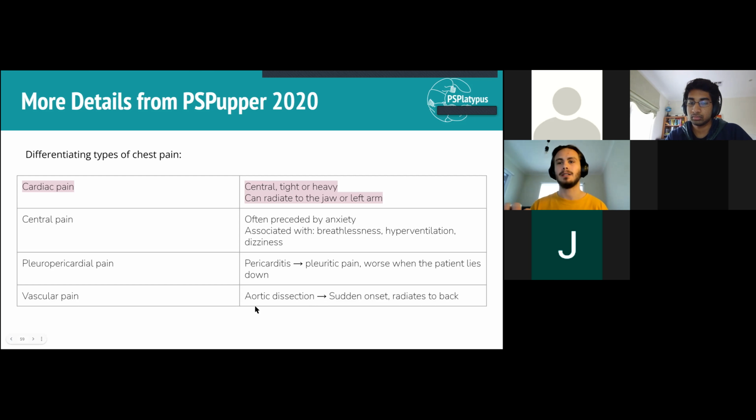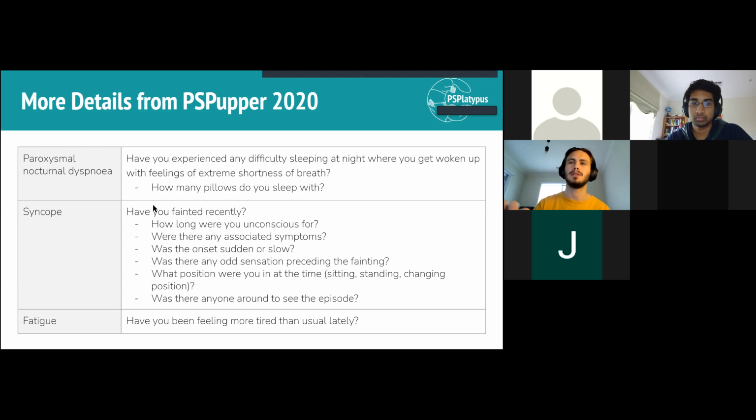And then we've got vascular pain, so pain that you'd get from, say, a burst blood vessel or a blood vessel splitting into its outer layer. And so the blood is basically occupying a larger space and causing a lot of pressure, and you're losing blood into that new space. So that's more sudden onset and radiates to the back. So they have different characteristics. Mainly know your cardiac pain for the cardiac systems review, and then just more details on the other parts of that, like fatigue.